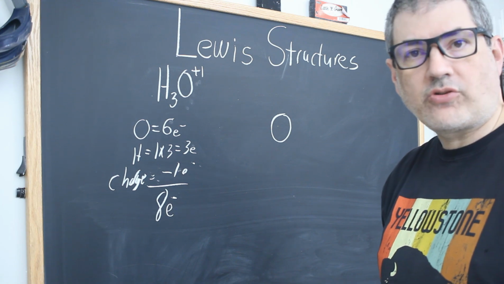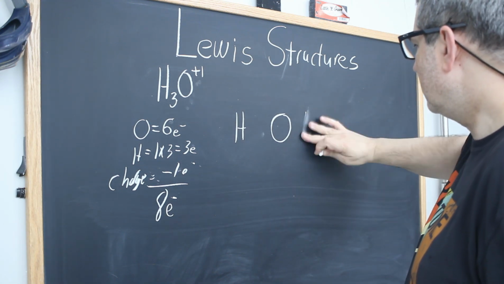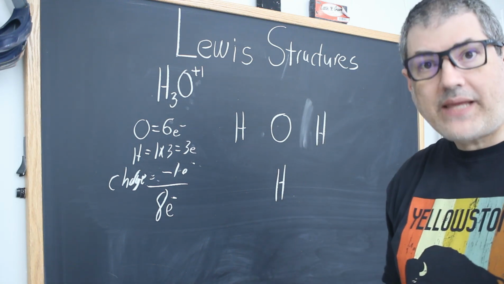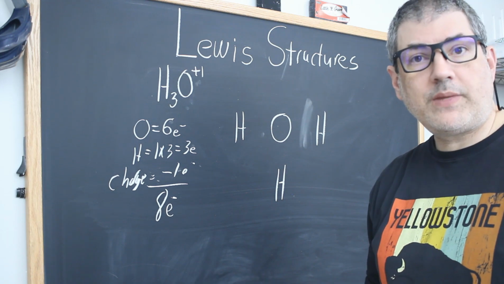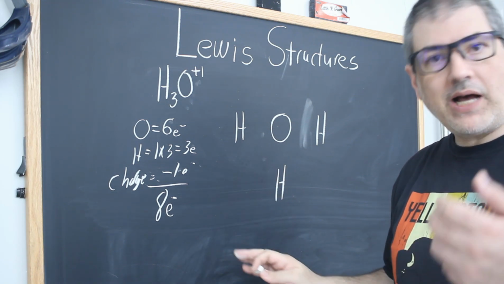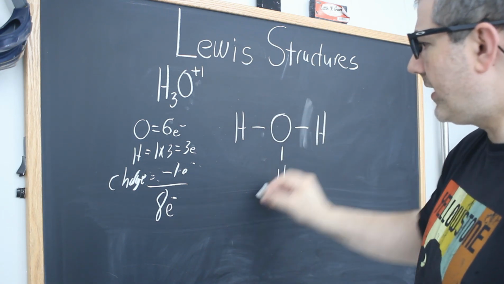Hydrogen can never be the central atom. So oxygen is our central atom. To make this a molecule, there have to be covalent bonds between the atoms. At the very least a single bond, possibly double and triple bonds. 2, 4, 6.